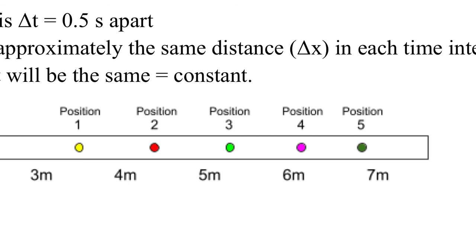Yeah, okay. This and this are honestly the same-ish. These are all pretty close. This one's maybe a little bit smaller, but again, that's what we're saying, it's getting a little bit slower. But if you just looked at that, it looks pretty close to constant velocity.